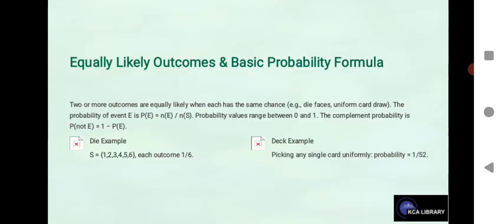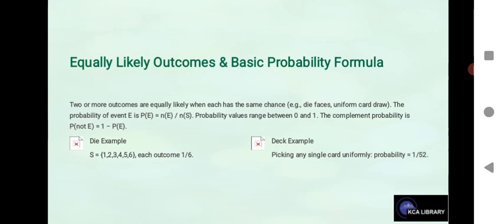Now let's look at equally likely outcomes and their formula. Two or more outcomes are said to be equally likely when each has the same chance. For instance, die faces. Like I mentioned before, it is 6. If you throw it once, you have 6.